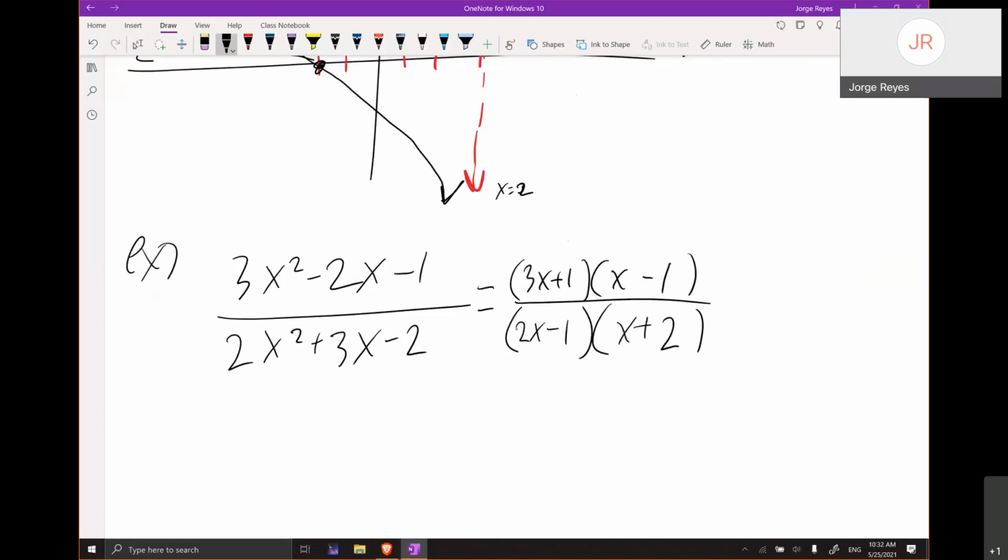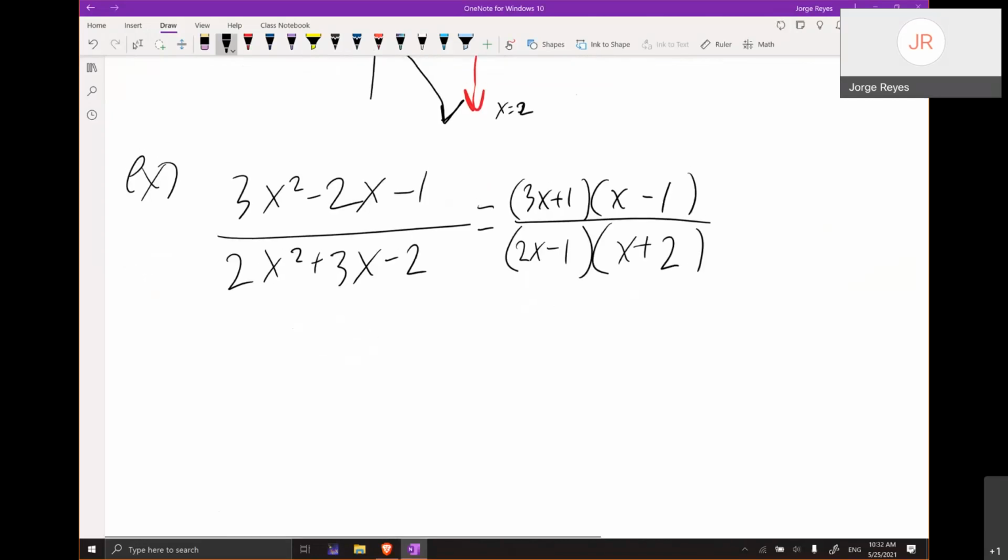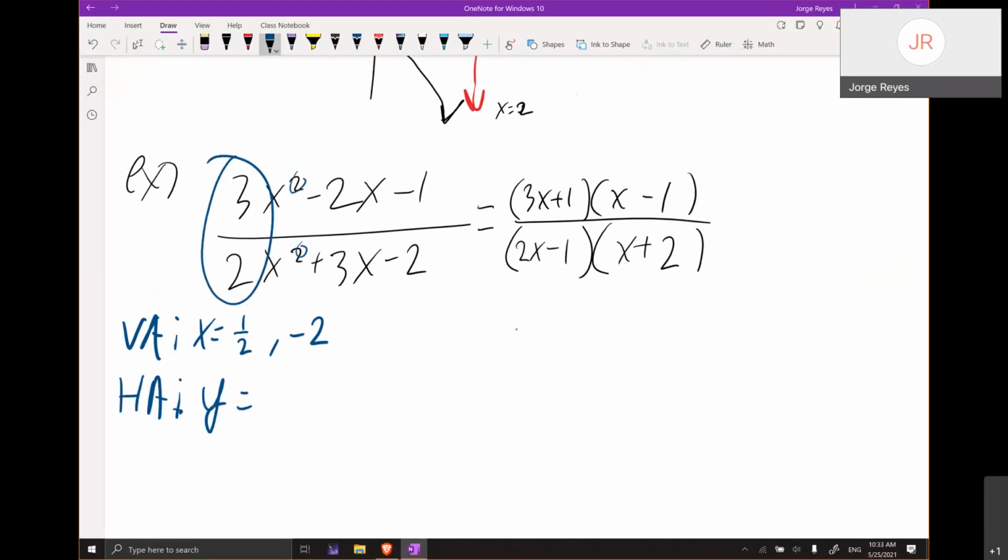We see nothing cancels, okay? But this is what we're gonna deal with. So now we can see that we have vertical asymptotes at x equals 1/2 and -2. We have a horizontal asymptote, right? The powers are equal. So this means 3 over 2 is going to be the horizontal asymptote.